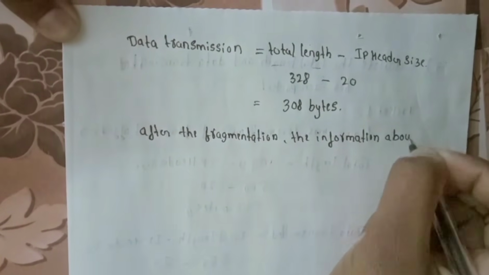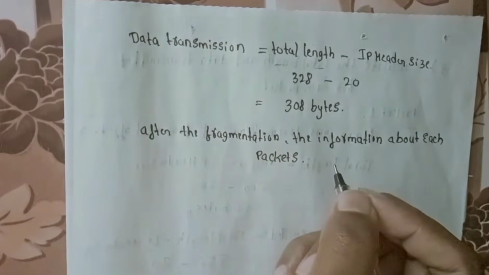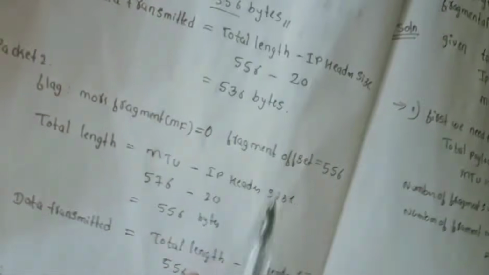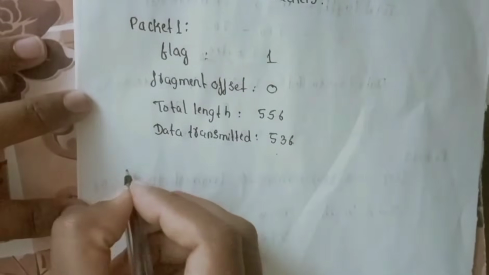Now after the fragmentation, the information about each packet is as follows. For packet 1, flag equals 1, total length is 556, and data transmitted is 536.